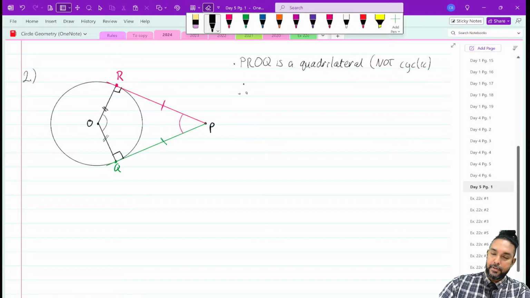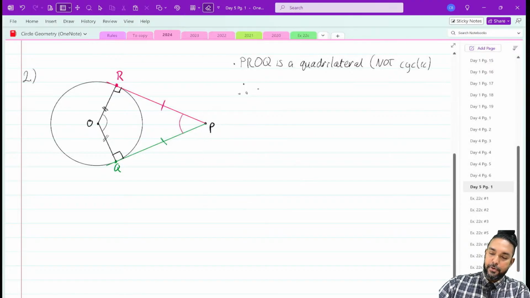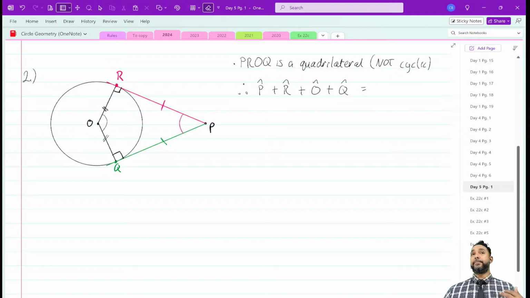So therefore, angle P plus angle R plus angle O plus angle Q is the sum of the 4 interior angles of a quadrilateral, and we said that is equal to what again? 360 degrees. Very good.